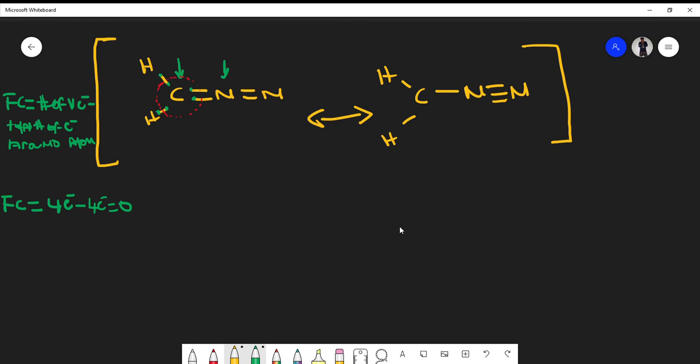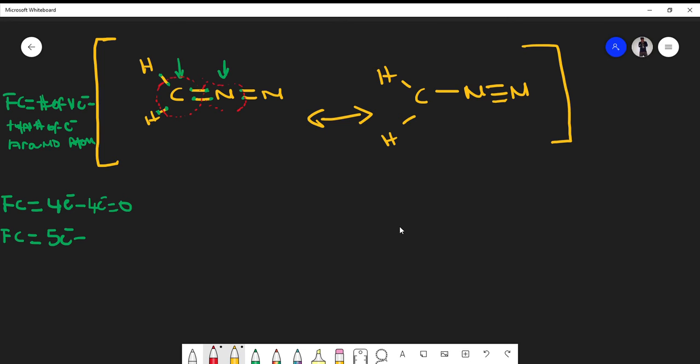How about this nitrogen? Well, I'm going to take my formal charge, which is going to equal 5 electrons. I get that from the periodic table because nitrogen has 5 valence electrons. Now, for the total number of electrons that pertain to the nitrogen of interest, I have 2 from this double bond, and I have 2 that only pertain to this nitrogen. If I draw a circle around it, everything inside that circle is what we really care about, right?